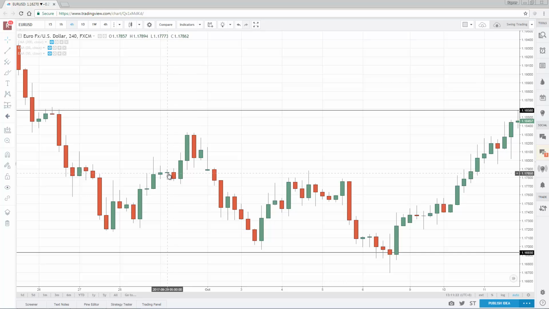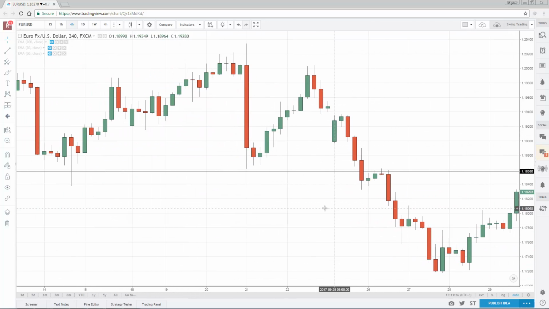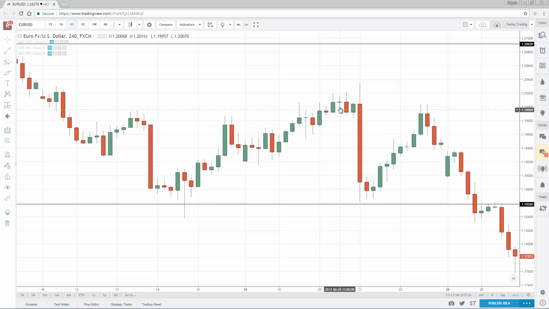Okay, but the open and close is still very near one another. So let's scroll back and see if we can find a few more doji. So this is another doji. This is another one. Okay, and of course the meaning with each of them is all different depending on where the price got rejected, whether it's higher or lower.